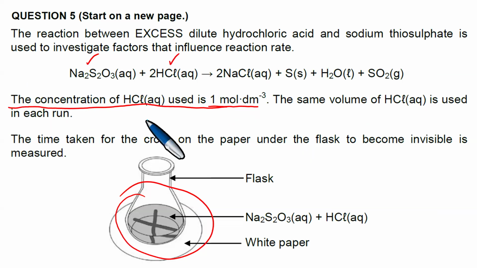The concentration of HCl used is 1 mole. So it is a limiting reagent because the HCl is in excess.